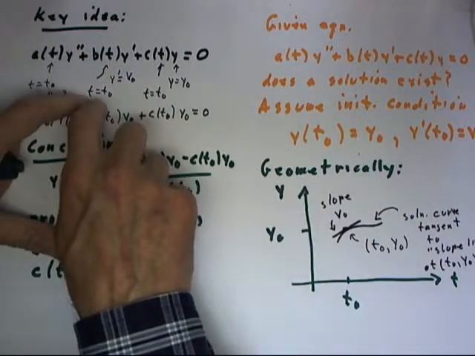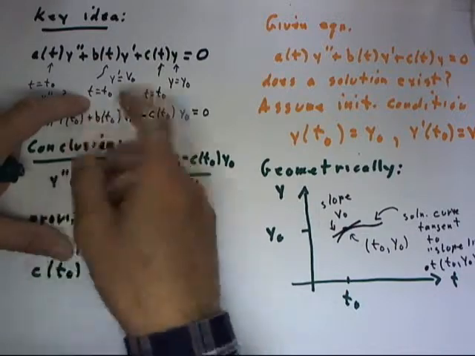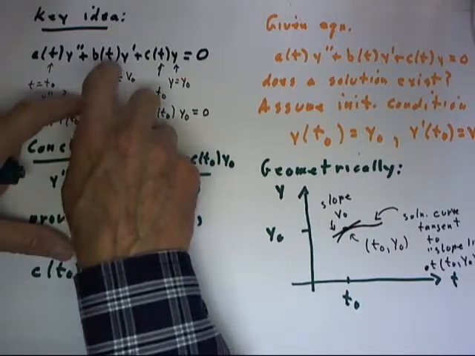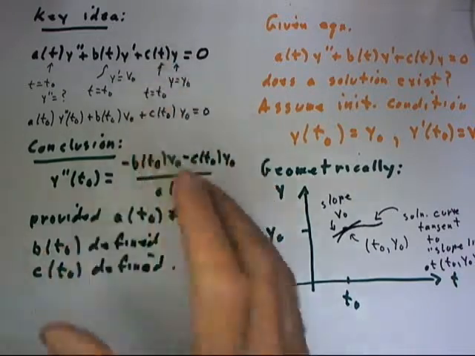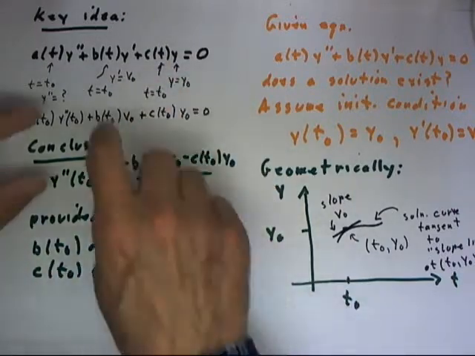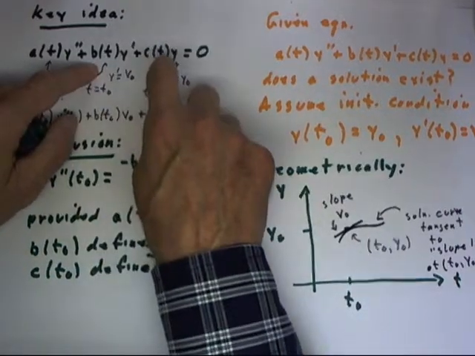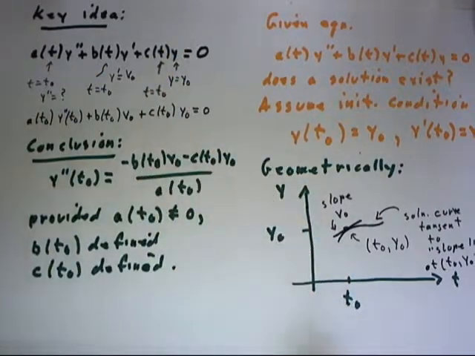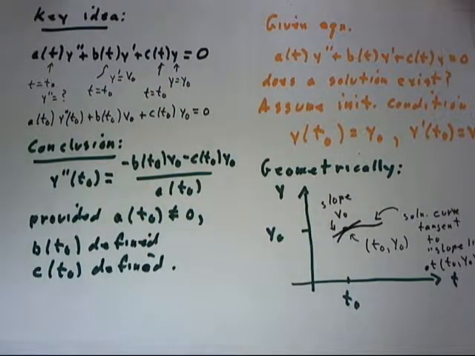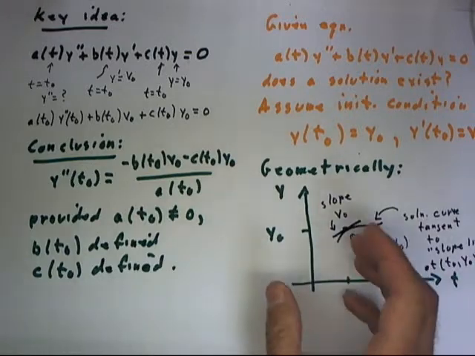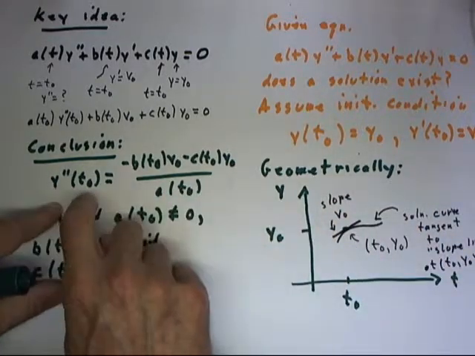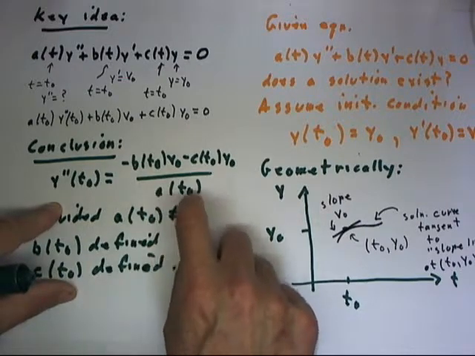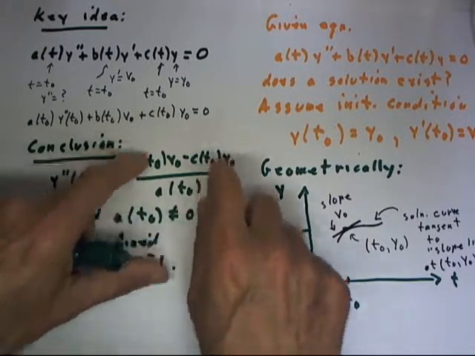Maybe when we try to substitute t naught in here, we end up with a 0 in the denominator of our function, or we end up with something else that's for some reason undefined for the function b, c, or a. And we also have a non-starter if solving for y double prime of t naught gives us a 0 in the denominator of this expression.